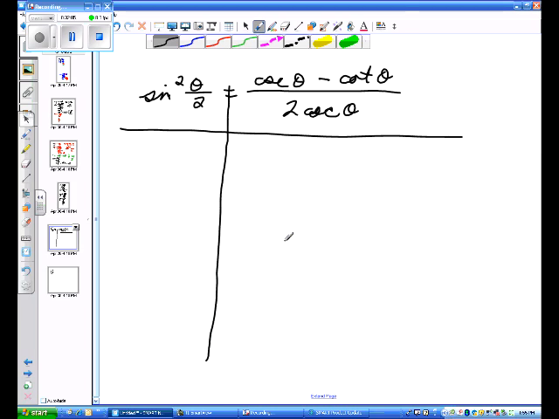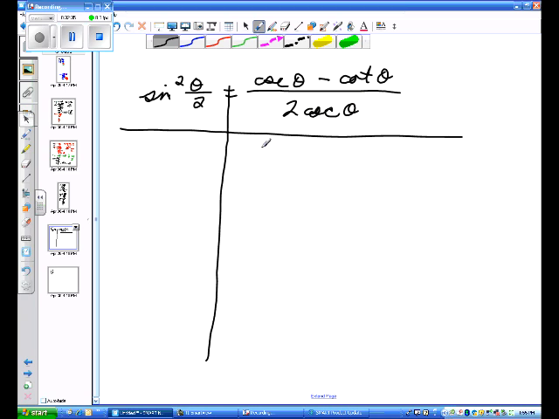It kind of is up to you as to which one you think is more complicated. But think about it this way. If we took our half angle and we squared it, all we're going to do is remove the radical. So that means we have an idea of what this looks like. When we remove that radical for the sine of half of an angle, we have 1 minus cosine theta over 2. So we have an idea of what this looks like. We're not sure what this looks like.